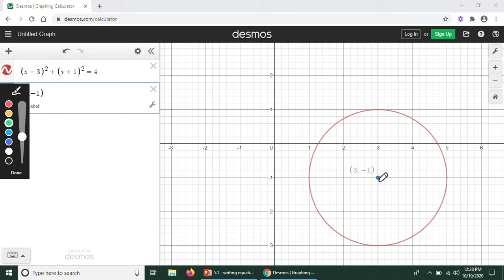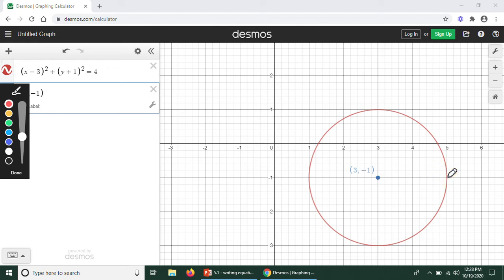Now, the radius of this circle, let me use a different color. Let me use red. The radius of this circle has a length of 1, 2 units.